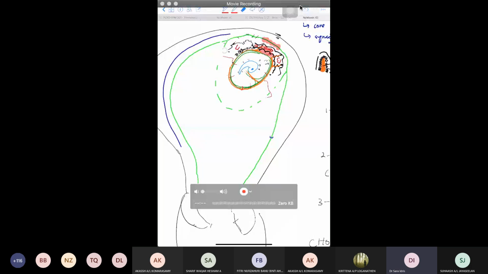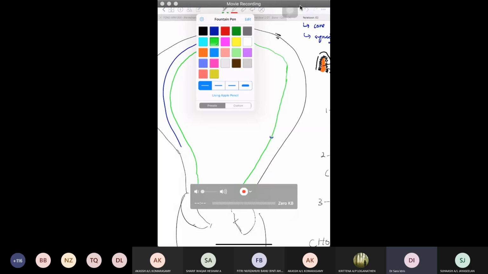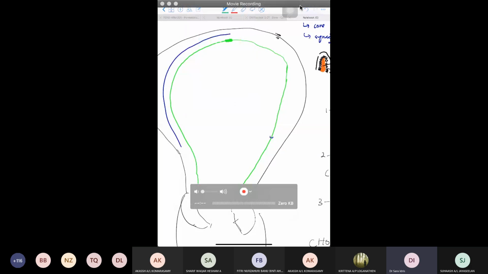So eventually, all of this will look like this. Okay, so we're going to draw what's going to happen when the fetus will take up the whole of the uterine cavity. So your decidua basalis is still there. Okay, maybe we can draw the decidua basalis bigger, to show that it's going to persist.